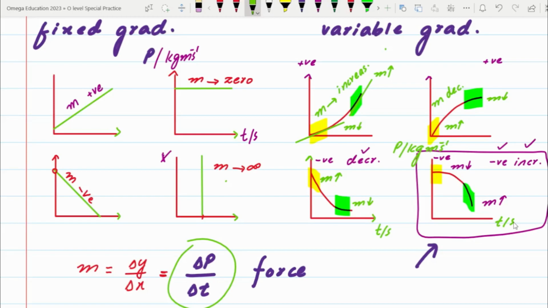Not a constant force, not 10 newton of fixed magnitude, it keeps increasing: 10, 12, 14, 15, 18, 35, 120. So the force is increasing and the force is negative. Every information that you have about the gradient in this case gives you the information about the force, because force in this case corresponds to gradient.